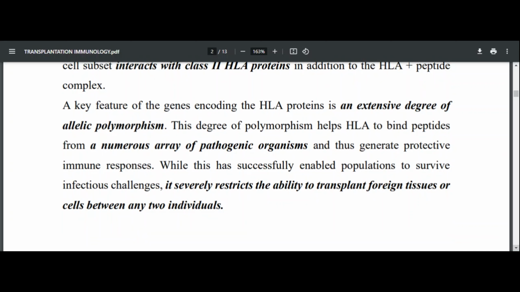While this has successfully enabled the population to survive infection challenges, it has also become a very serious challenge in transplantation of a tissue between two people, even though the polymorphism of human leukocyte antigen helps very well in infection control.